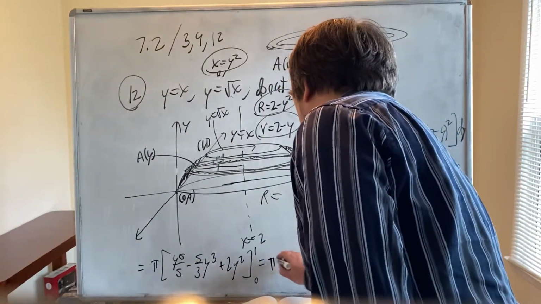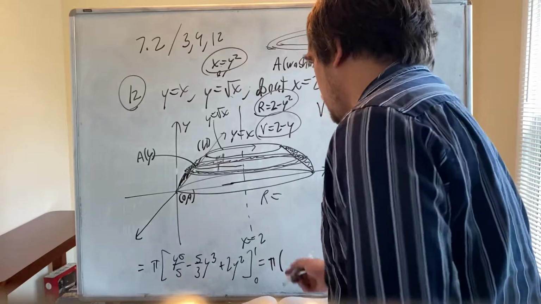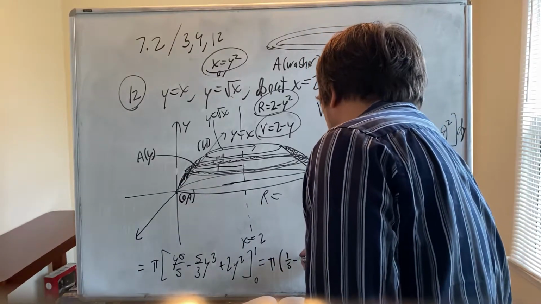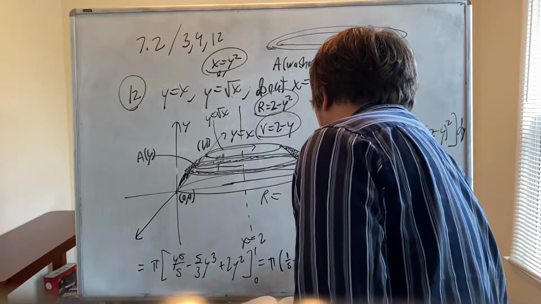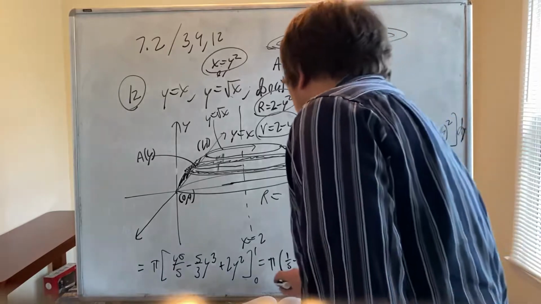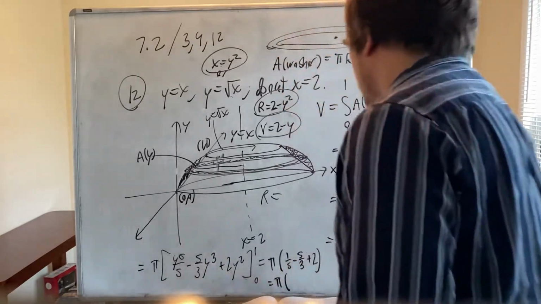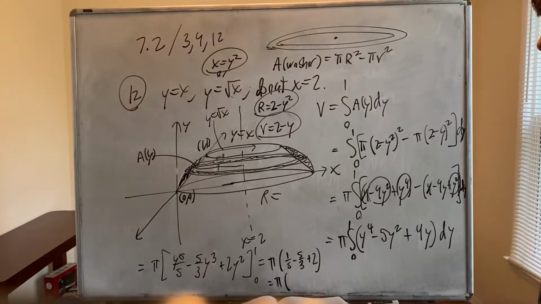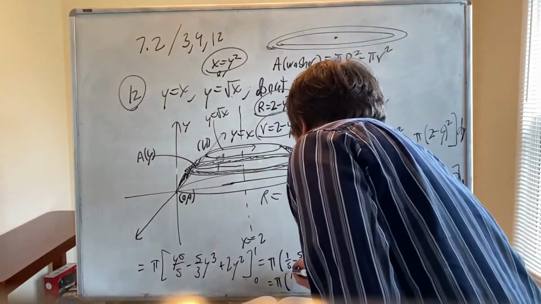So this is just pi times plugging in 1, because then you just subtract 0. So this is pi times 1/5 minus 5/3 plus 2. Okay, and so that's equal to pi times 3/15 minus 25/15, negative 22/15, 8/15. You get 8/15 here.